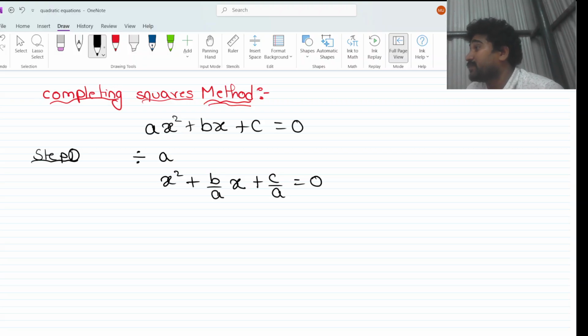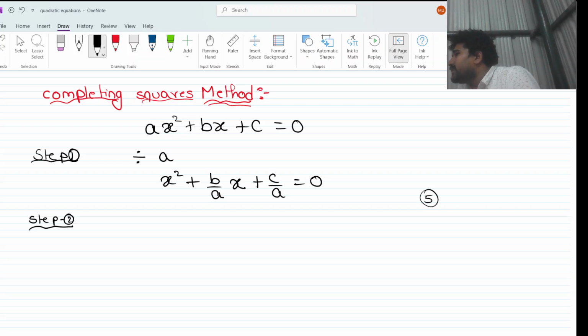Now let's see step 2. How do we proceed? After making the x square coefficient 1, see the coefficient of x. What is the coefficient of x here? Very good. If the coefficient of x is 5, for example, half of that is 5/2.